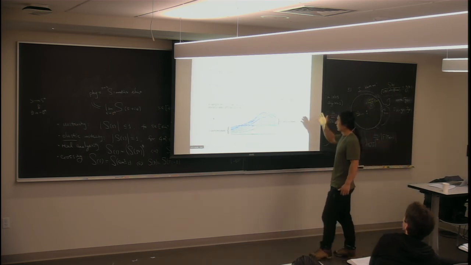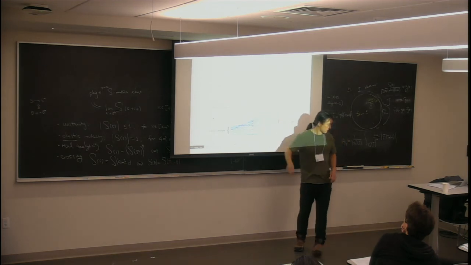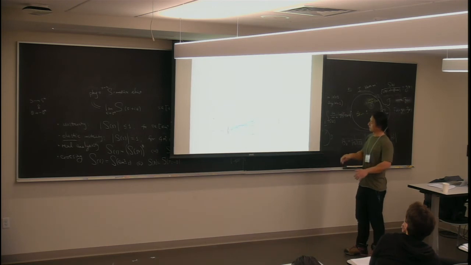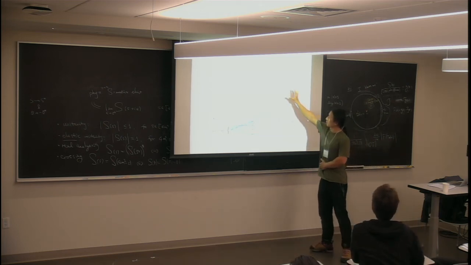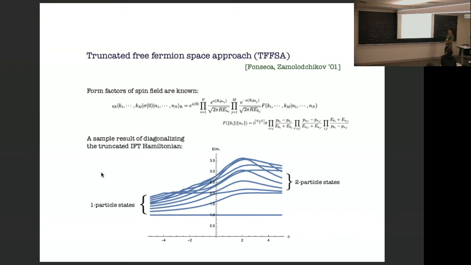So the way we're going to extract elastic data is basically to truncate: you start with the free massive fermion theory, and it turns out that one knows all the matrix elements of the spin field sigma between free fermion states. There's some complicated formula which I won't have time to describe in detail, but it's a known formula derived by Analytic for the matrix element of the spin field in the free massive fermion theory on the finite circle. So there are complicated functions involved, but they're all known exactly.